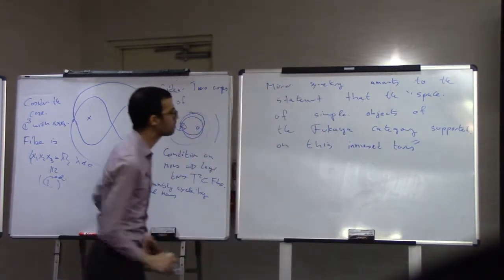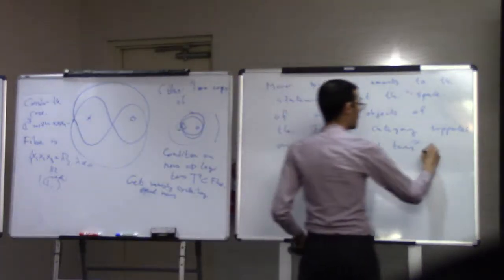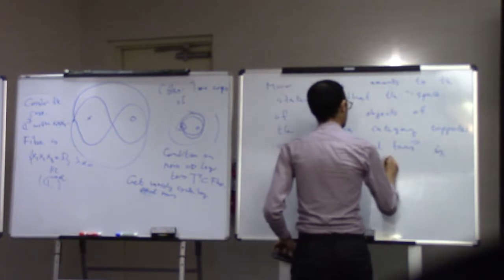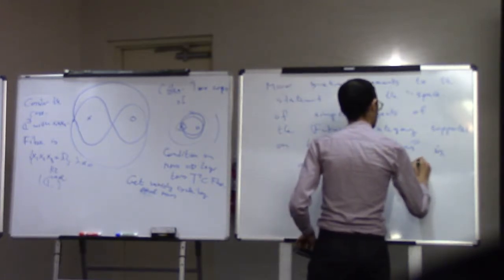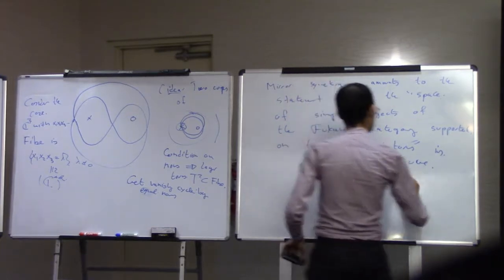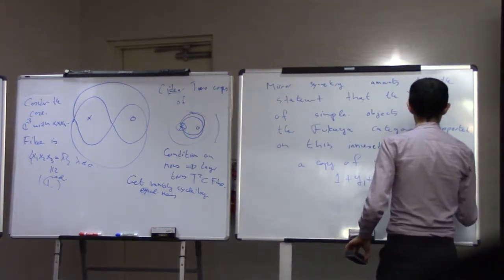This space of simple objects of the Fukaya category supported on this torus is a copy of the curve given by the equation 1 plus y1 plus y2 equals 0 sitting inside C star squared. Okay.